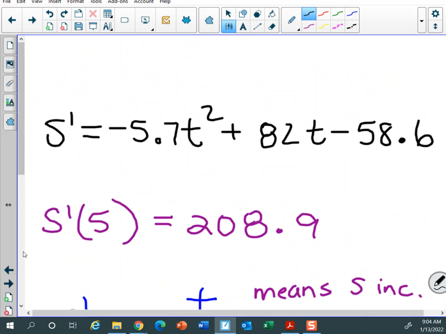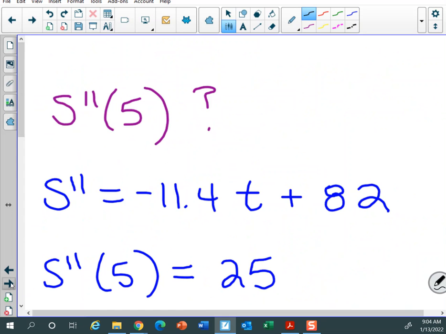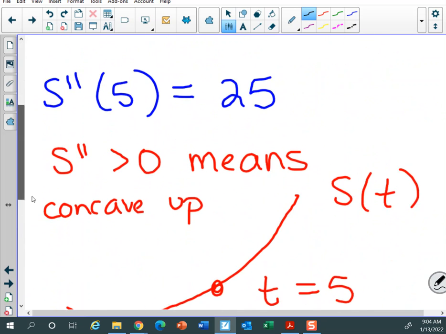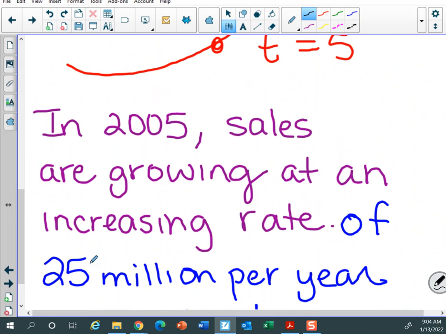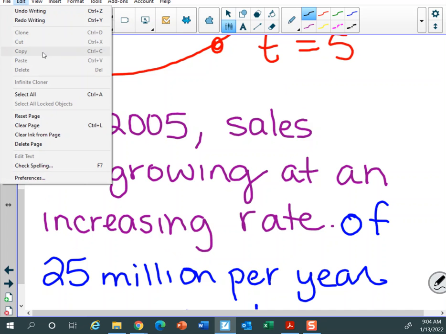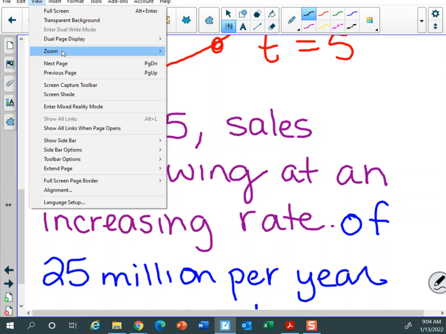So on our sales problem, our sales were growing at 2005, and the rate of growth was also growing. Both first and second derivatives were positive.